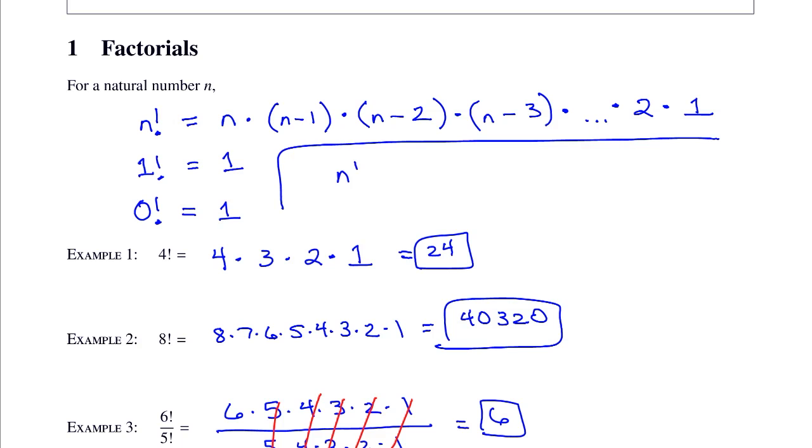N factorial is also equal to n times... Now, what would be left after the n? N minus 1 times n minus 2 times n minus 3 all the way down to 1, right? Which is n minus 1's factorial itself.